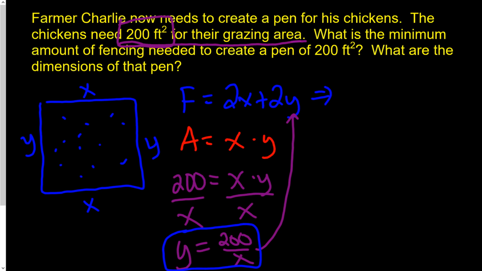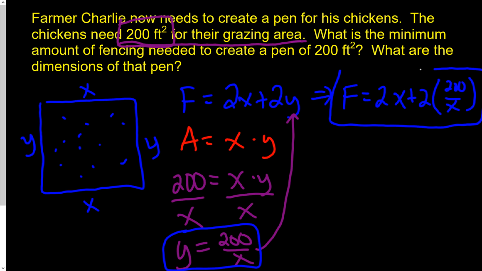So the fence equation is now f equals 2x plus 2 times 200 divided by x. And so now I have an equation for the fencing. I can plug that in my calculator, and I want to find a minimum.